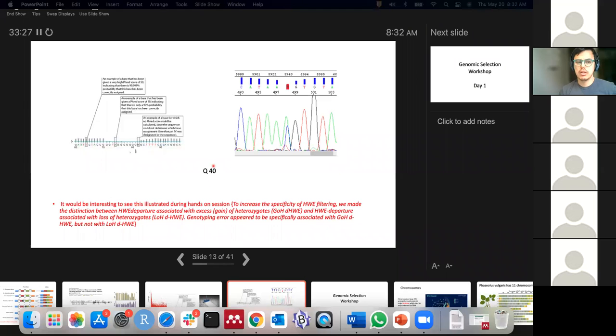So if we filter all the sequencing data or the SNP data with a quality of 40, with that value, I think that to some degree you can be sure that the nucleotide or the SNP that you have is good enough, and it's not a mistake from the genotyping methodology. Okay.